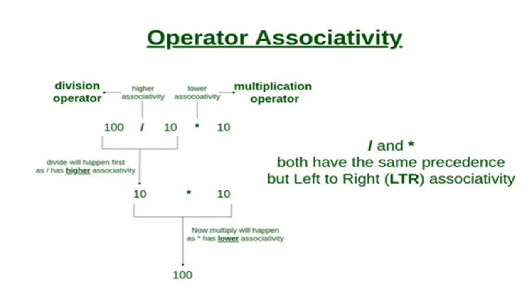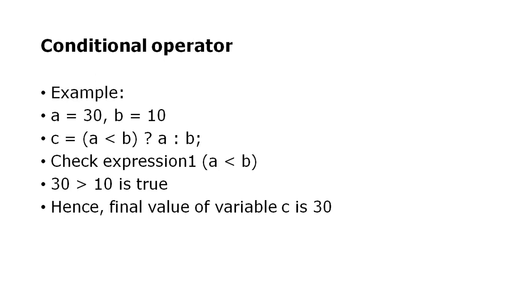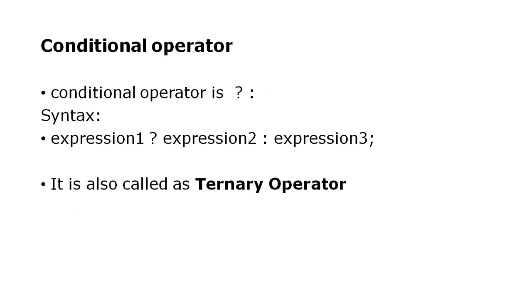So first of all, I start this video from the conditional operator. We have seen the different types of operators in the earlier videos. What do you mean by an operator? An operator is a symbol that tells the compiler to process or to evaluate the expression.